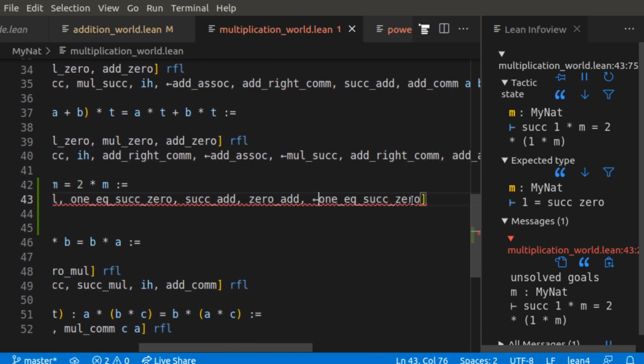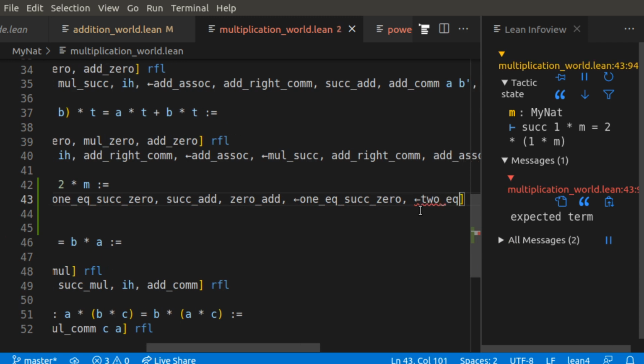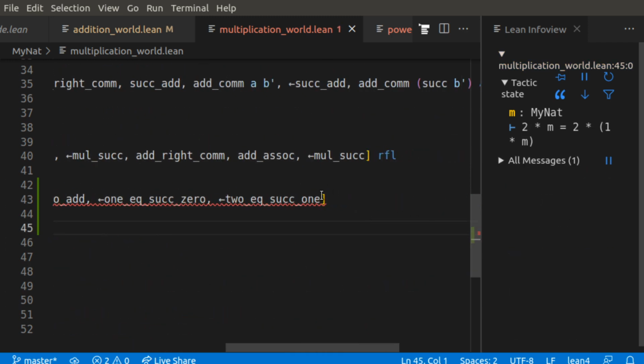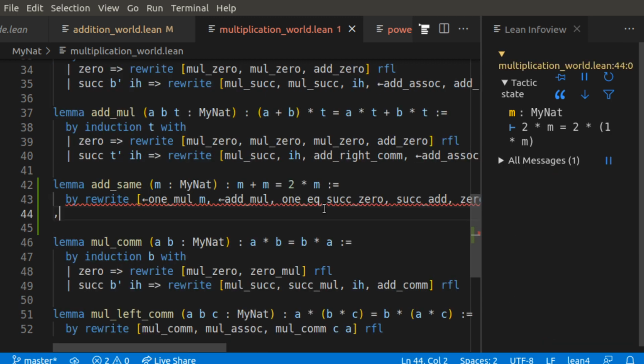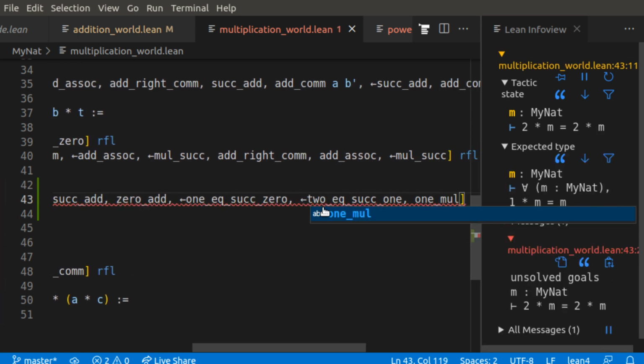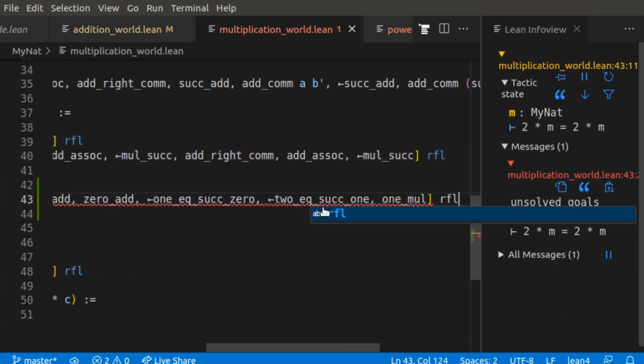Okay, and then now we can also apply 2 equals successor 1. Nice, and then 1 mole and reflexive.